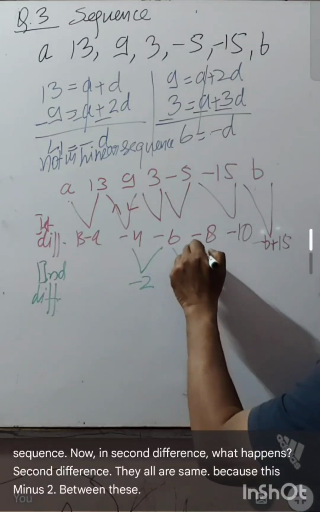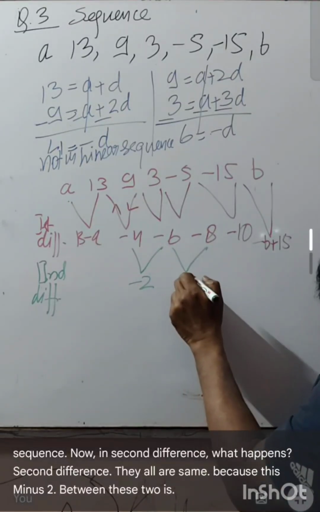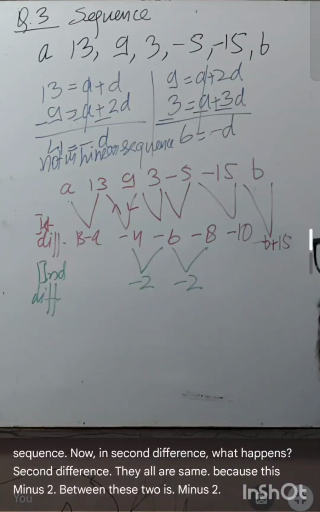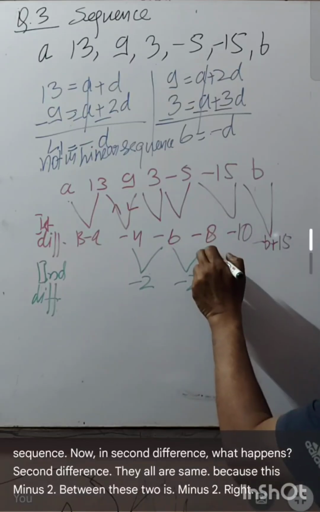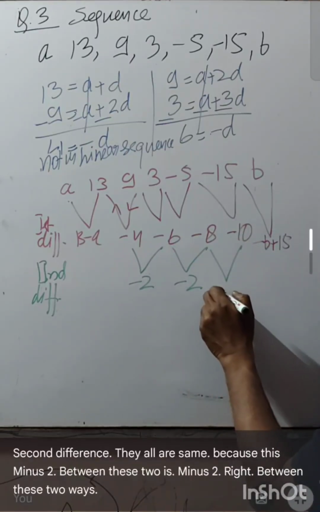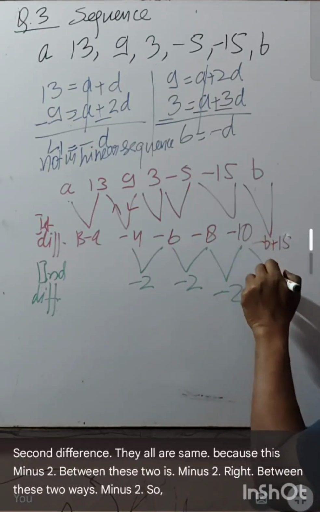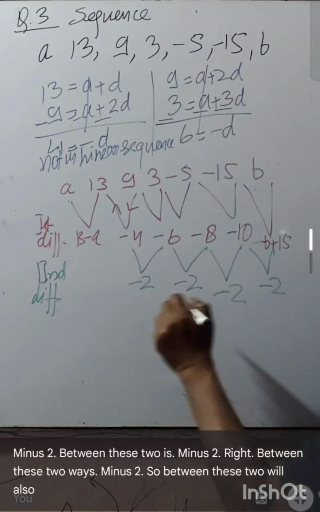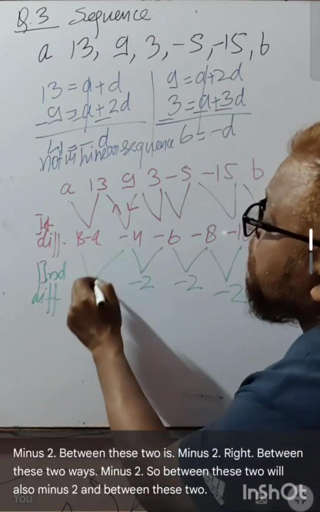Between these two is -2, right? Between these two is -2. So between these two will also be -2 and between these two will also be -2.